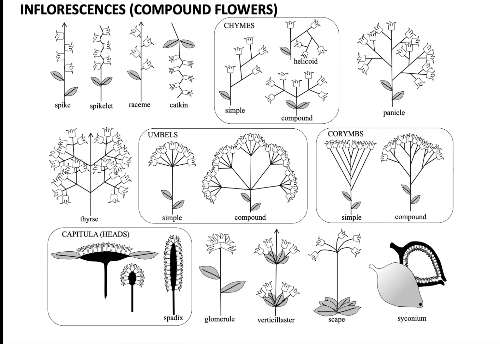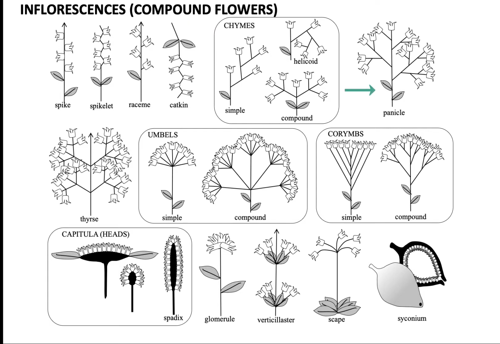So just as leaves can be quite variable in where they appear on the stems and different leaf types, flowers can be borne on the stems in quite a number of different ways, including individual flowers in spike, spikelet, raceme, etc., or in alternating patterns such as the cymes and panicles.